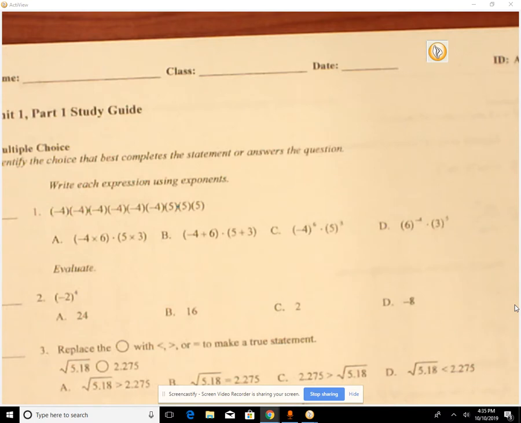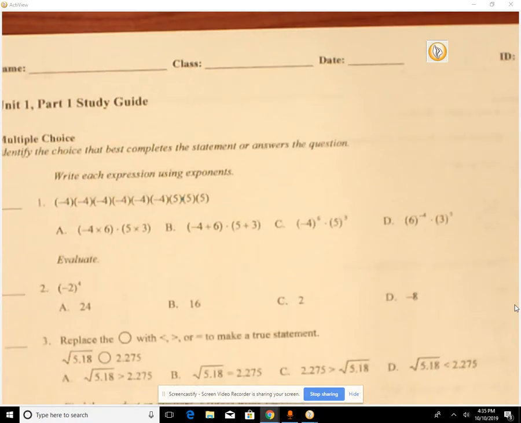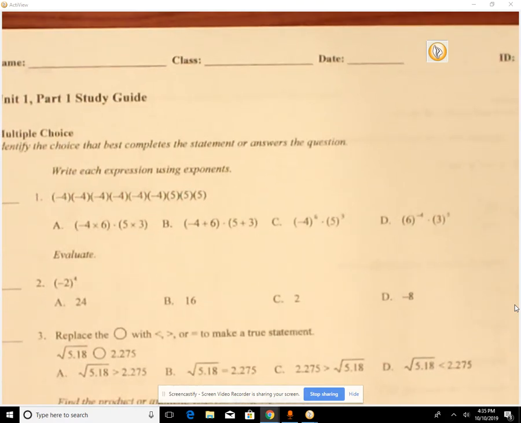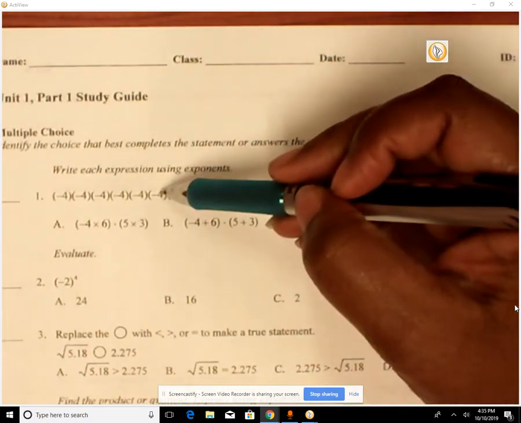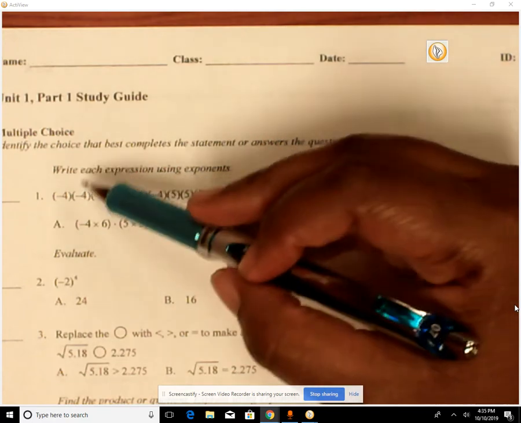So on our retake study guide, our very first question, and remember, watch me because we're going to get this passed this time. We're going to work hard and we're going to do right. It says, write each expression using exponents. So we have -4. How many do we have? 1, 2, 3, 4, 5, 6.